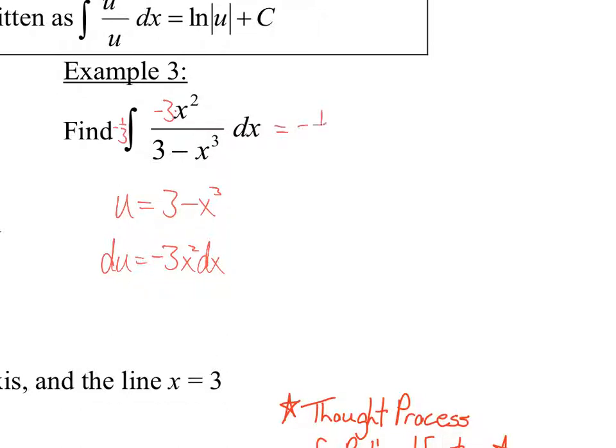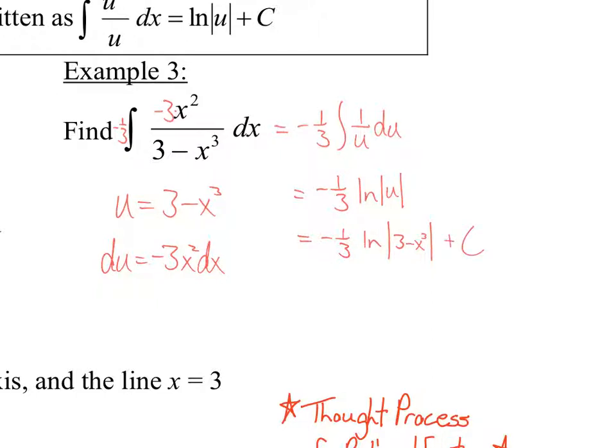We've got a negative 1/3 integral of 1 over u du. So negative 1/3 times ln of absolute value of u. So negative 1/3 ln of absolute value of 3 minus x cubed plus c. Okay?